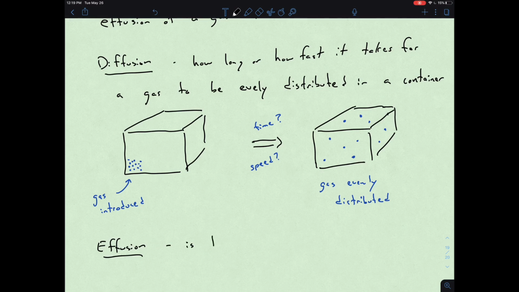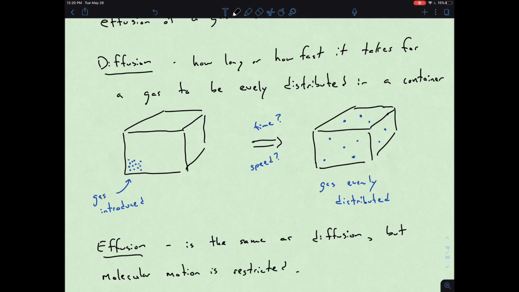Effusion is basically the same as diffusion, but molecular motion is restricted. This allows for better measurement.